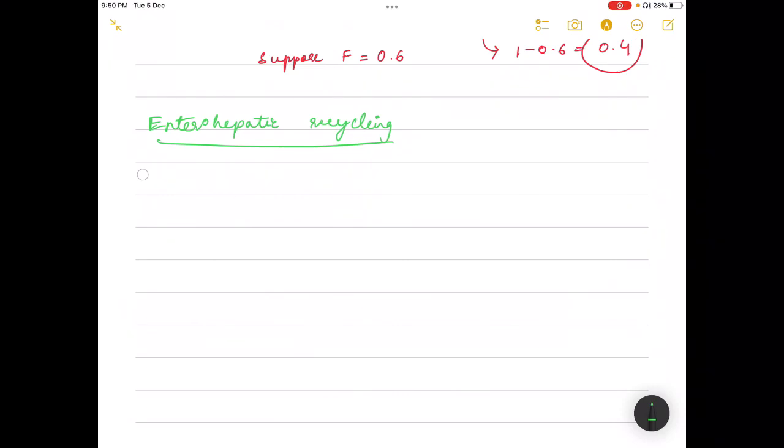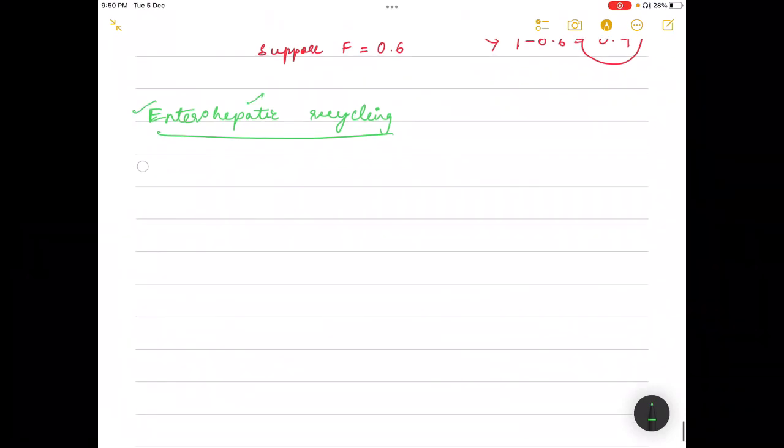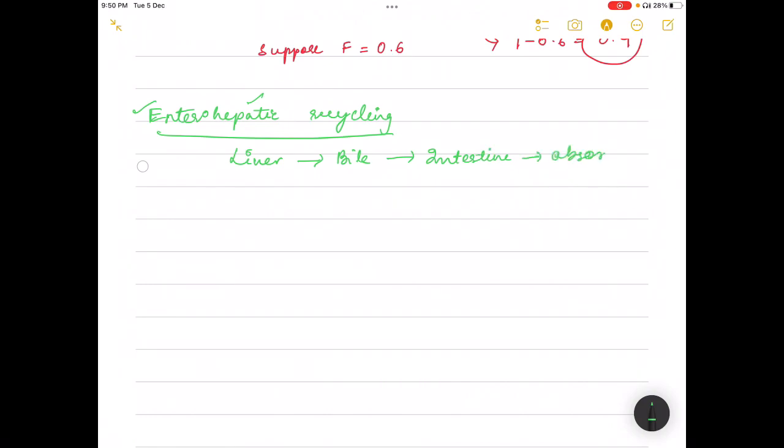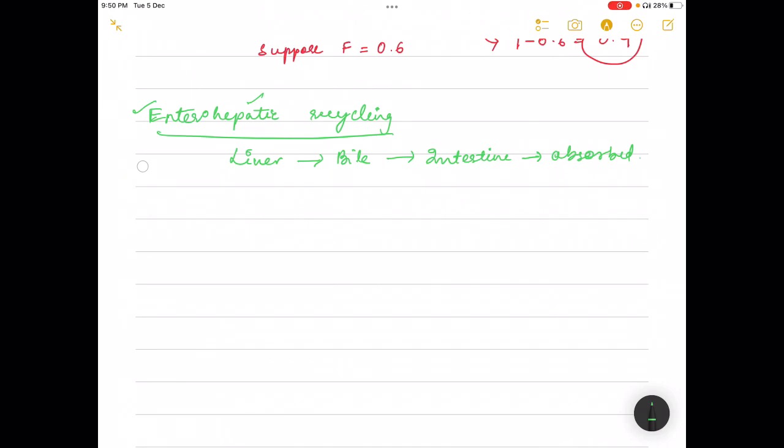So this cycle is known as enterohepatic recycling. From the liver they go via bile, they reach the intestine, and then they are absorbed again. This is a cycle that gets repeated.